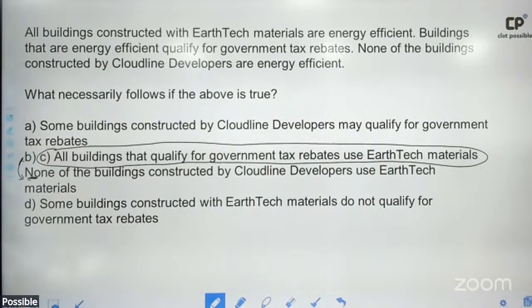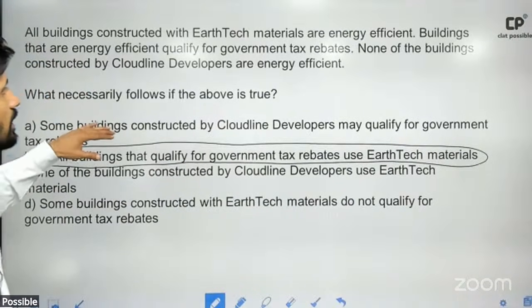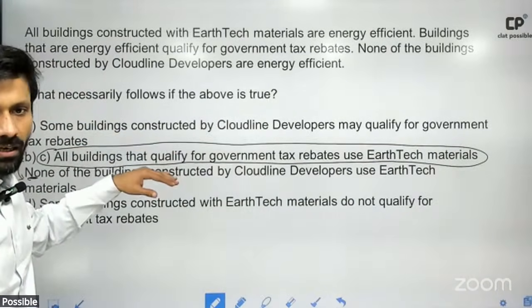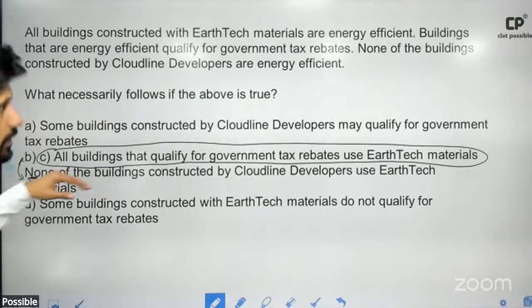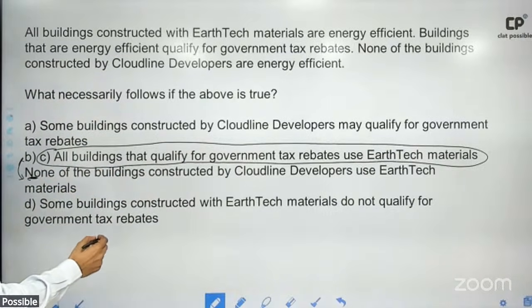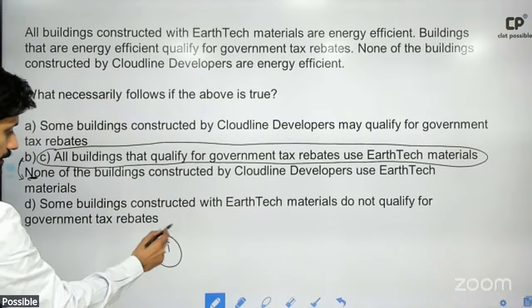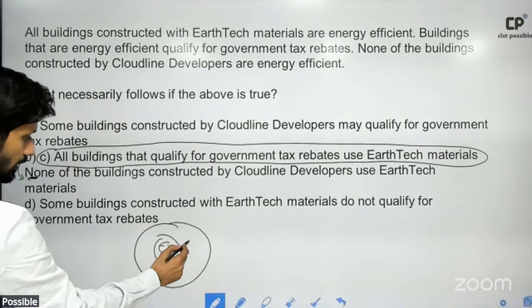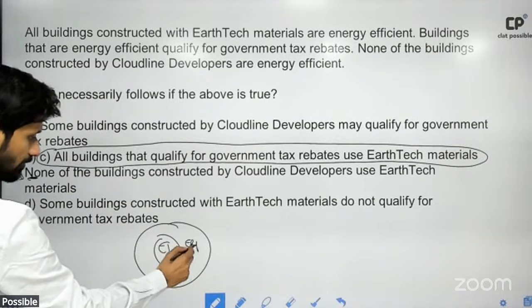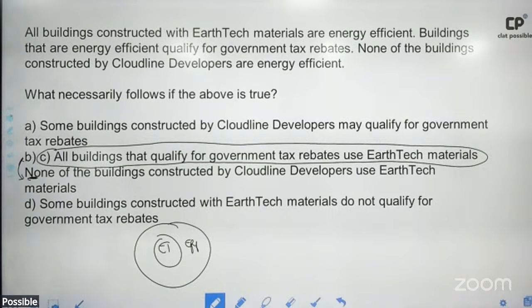So we start with the first statement. All buildings constructed with earth tech materials are energy efficient. Now the next statement: none of the buildings that are energy efficient qualify for government tax rebates.